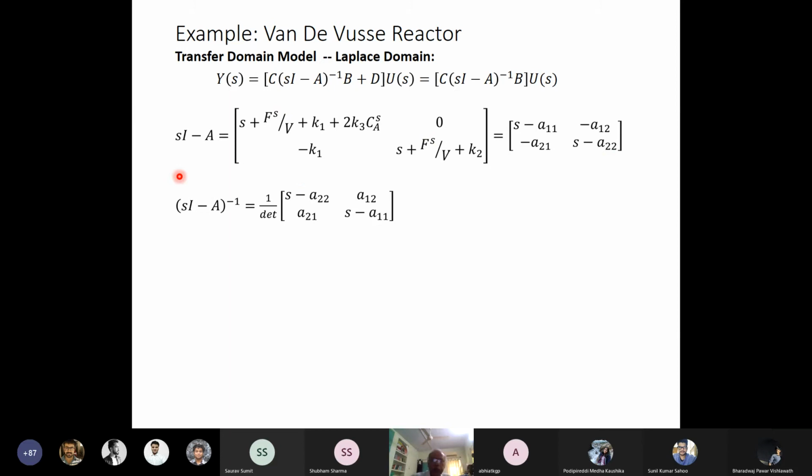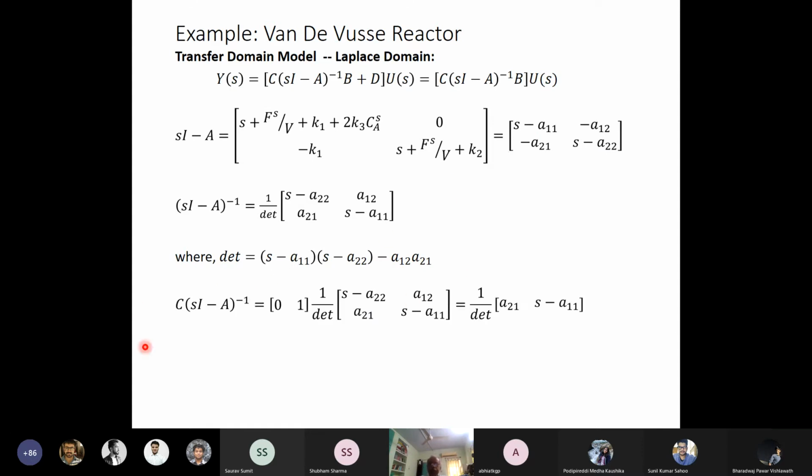So I will write the (sI minus A) inverse. These two exchange places, and for these the sign will be changed, the place will remain the same, divided by the determinant of this matrix. So this will be (sI minus A) inverse, where the determinant will be given by this term.